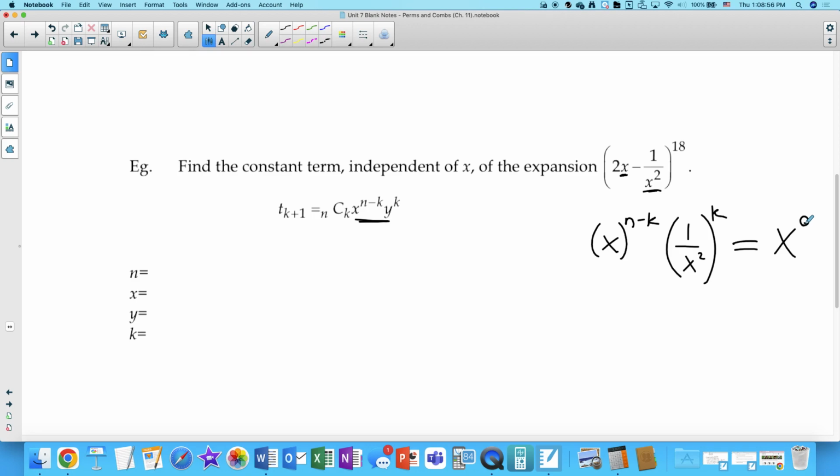Okay? So at this stage, what I would do is think about distributing this in. We're going to get x to the n minus k times 1 over x to the 2k, right? Because that gets distributed in, equals x to the 0.